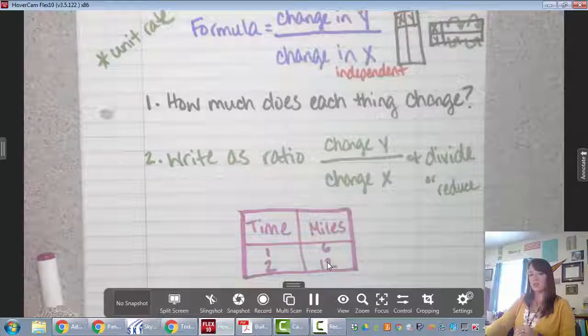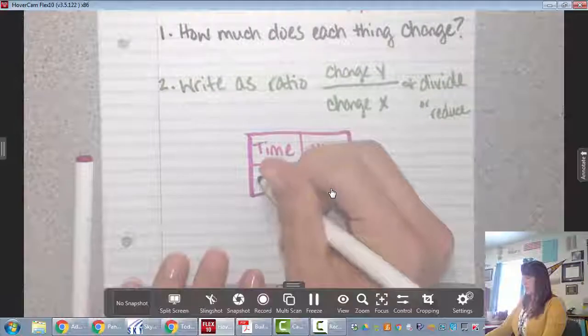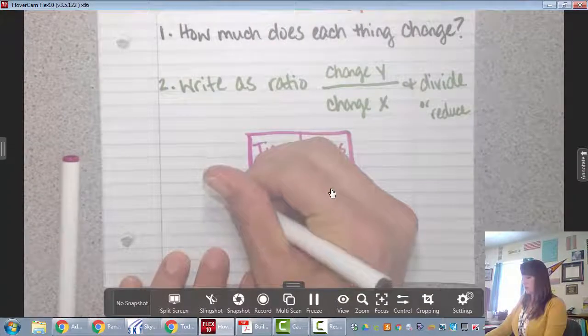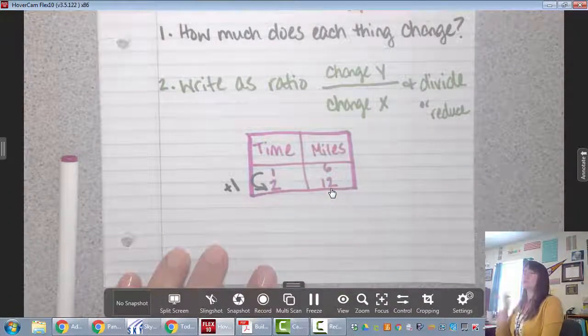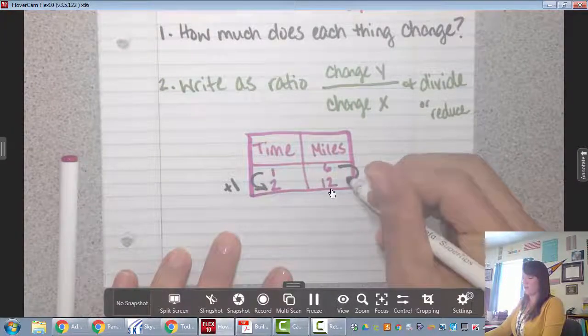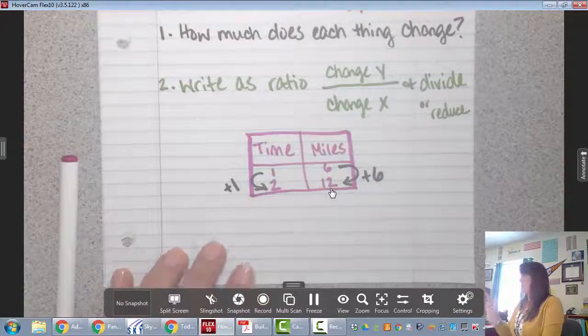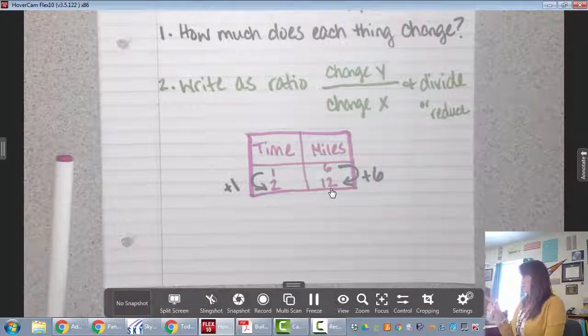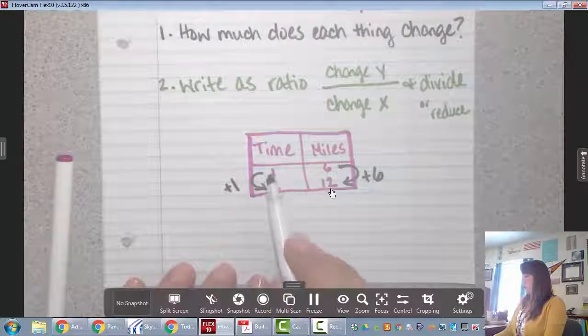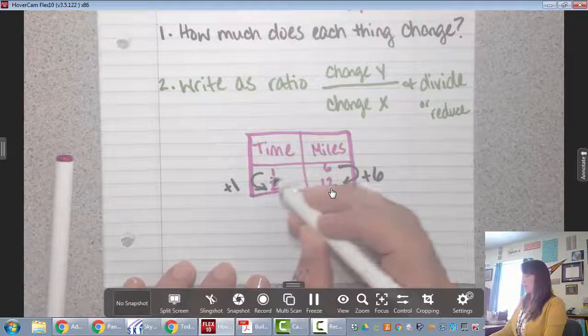From 1 to 2, how much did that change? Plus 1. From 6 to 12, how much did it change? Plus 6. Now I heard somebody say times 6. So from 1 to 6, that's times 6. So the jump from here to here is times 6.